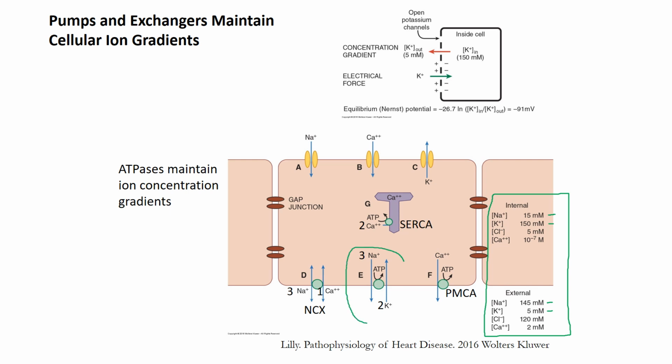It moves 3 sodium ions out for every 2 potassiums it moves in. That requires free energy input because first, it's moving those things against their concentration gradients. That is, the pump is building up those concentration gradients. Secondly, remember, the inside of the cell is negative, at least in diastole. So the overall charge transfer is positive out because we have 3 going out to 2 going in. So this pump works against the electrical gradient as well.